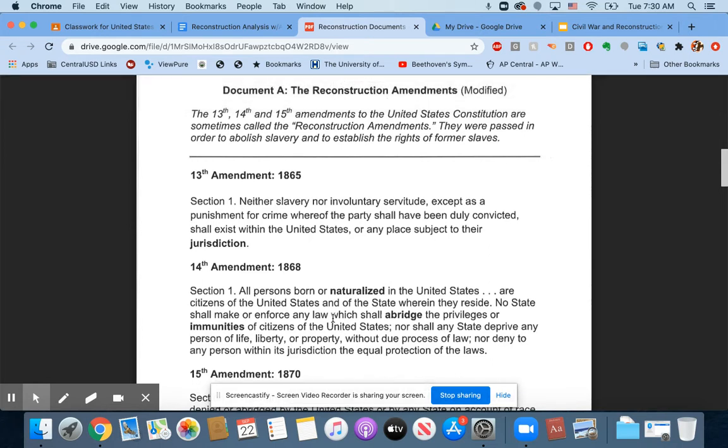Neither slavery nor involuntary servitude, except as a punishment for crime, whereof the party shall have been duly convicted, shall exist within the United States or any place subject to their jurisdiction. So if I look at that a little more closely, essentially it's outlawing slavery within the United States.